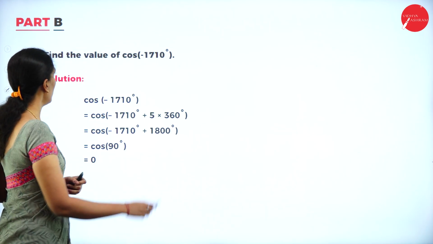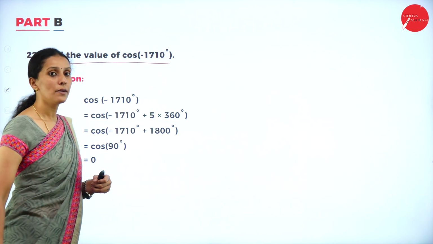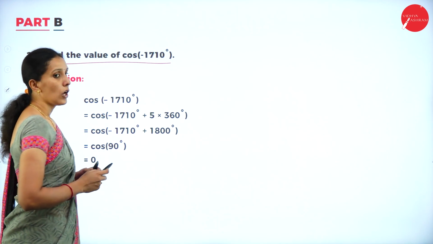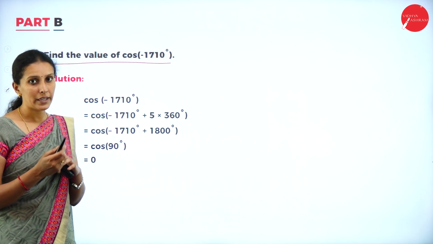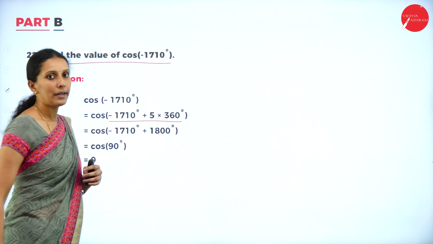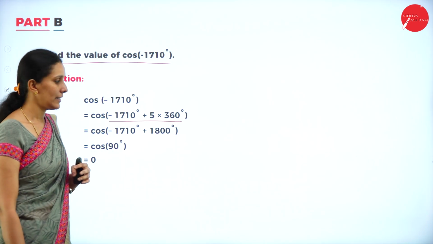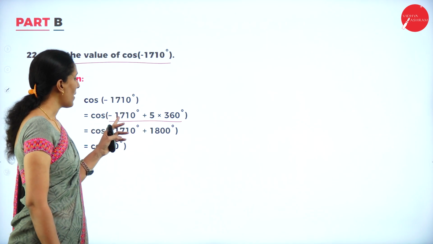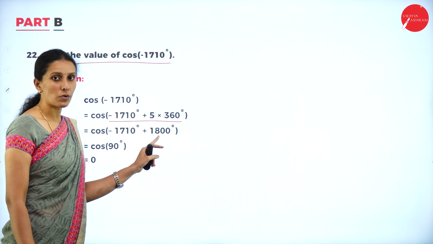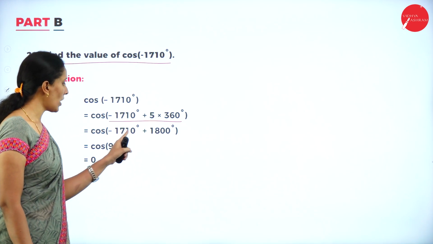Next, find the value of cos minus 1710 degree. So, we know that 1710 degree can be written as a sum of multiples of 360. Hence, cos of minus 1710 plus 360 into 5, which is 1800, so we can add these two.